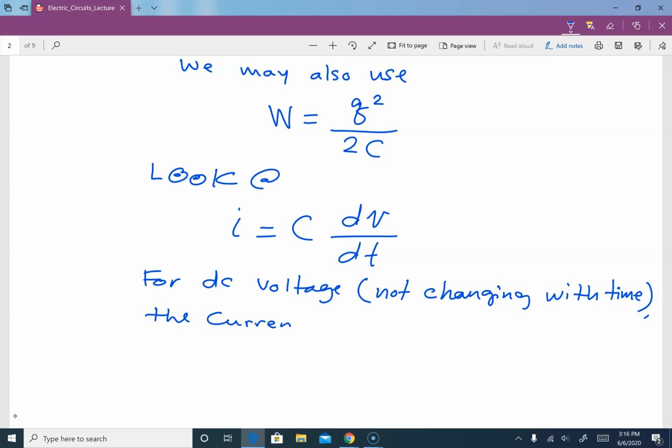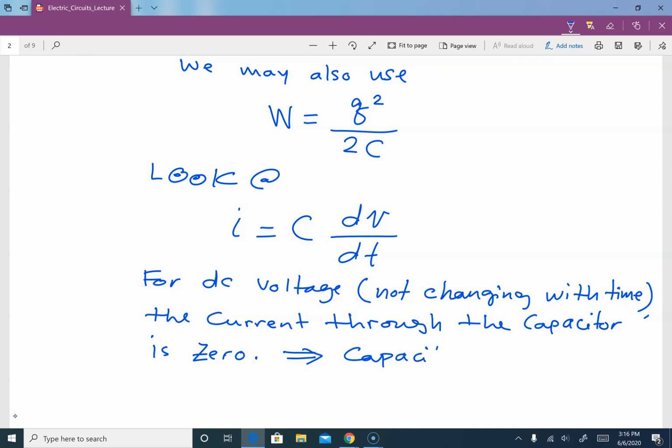The current through the capacitor is 0, and that means capacitor acts as an open circuit to DC.